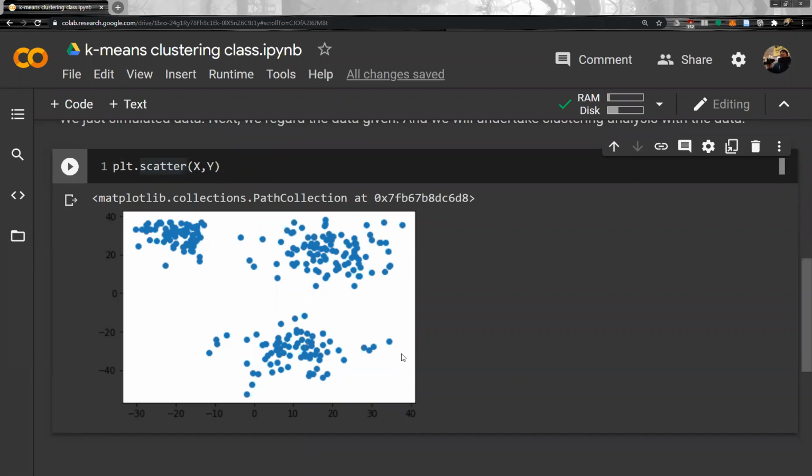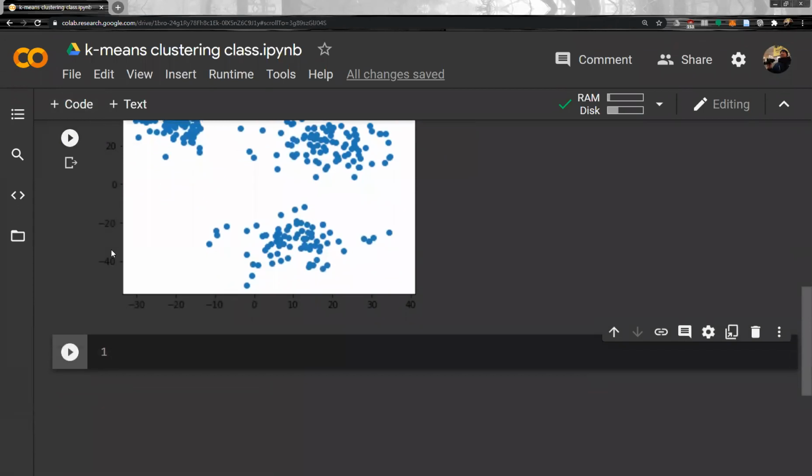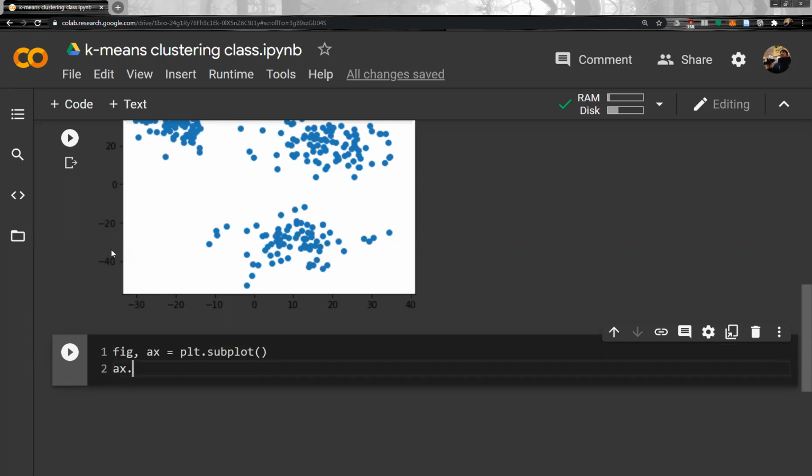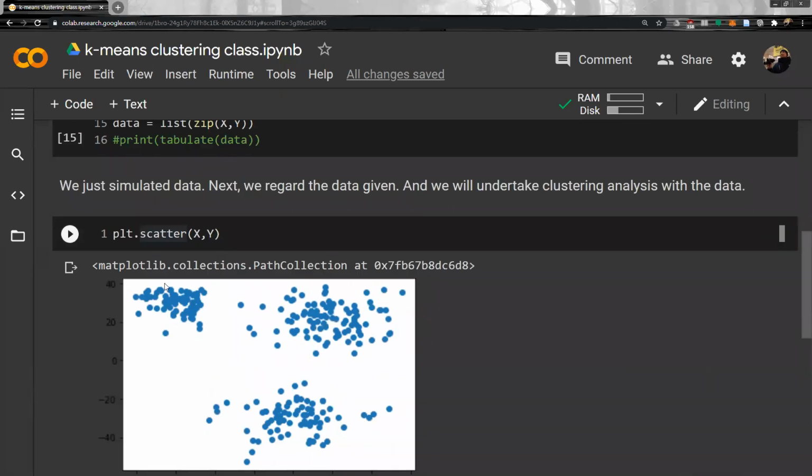So let's make a better graphic. So subplot, and then ax.scatter plot. So the scatter plot is like this.